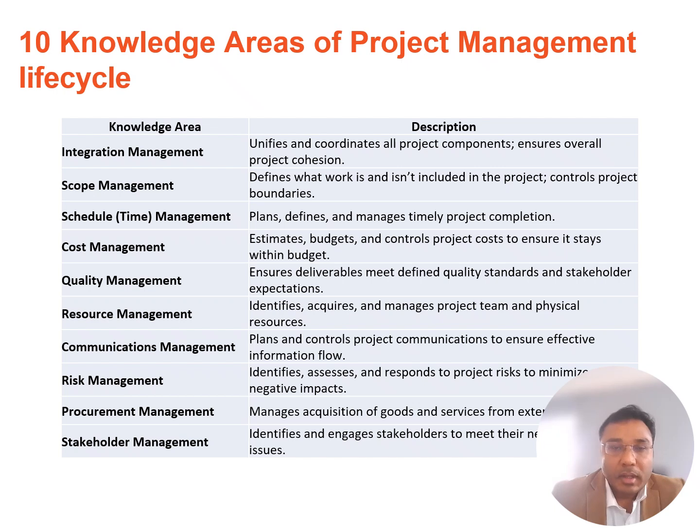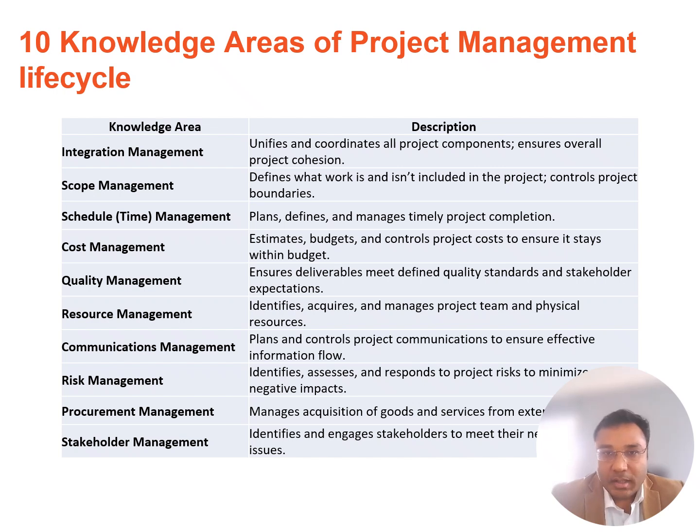In this slide, you see the 10 knowledge areas of project management as defined in the PMBOK guide, as per the 6th edition. This represents the core technical subject areas essential for effective project management. Each knowledge area contains a set of processes relevant to that specific discipline, contributing to the project success.